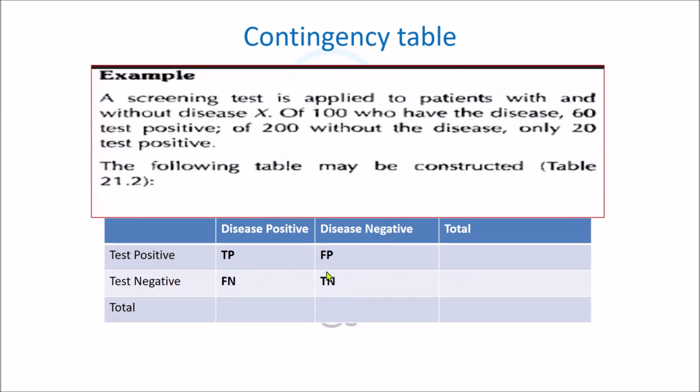So it will be true negative. You can write here 180. How many total again? Below, 200. Actually, 200 patients are disease negative and 100 patients are disease positive. We are dividing in this way, true positive and true negative.